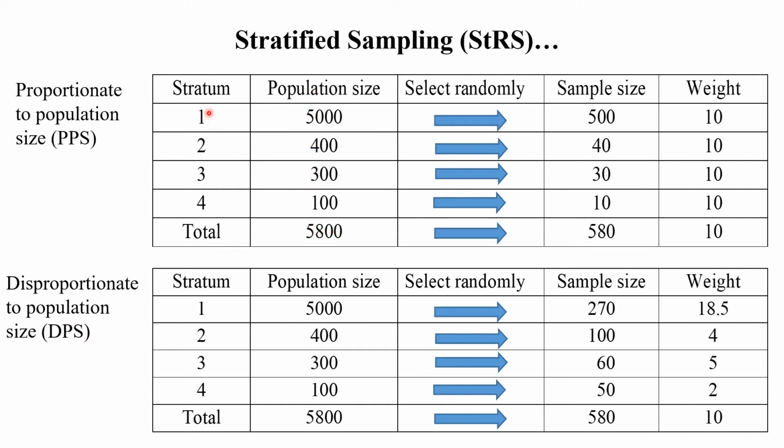I stratify the population in 4 levels. From there, I select 580, which is 10%. All are 10% from each strata. So take 10%. This is proportionate to the population size.